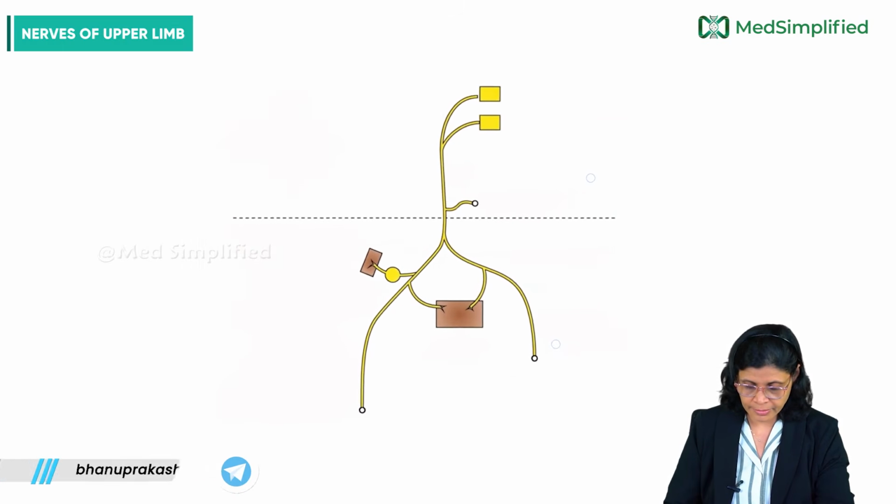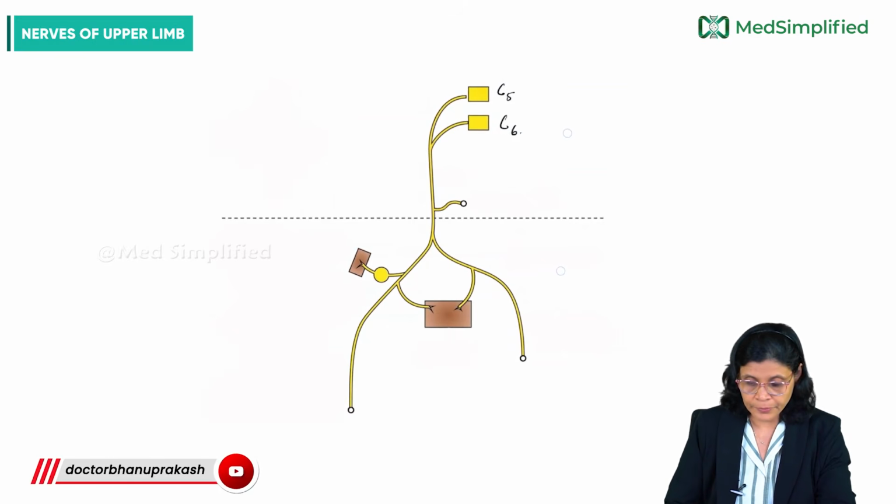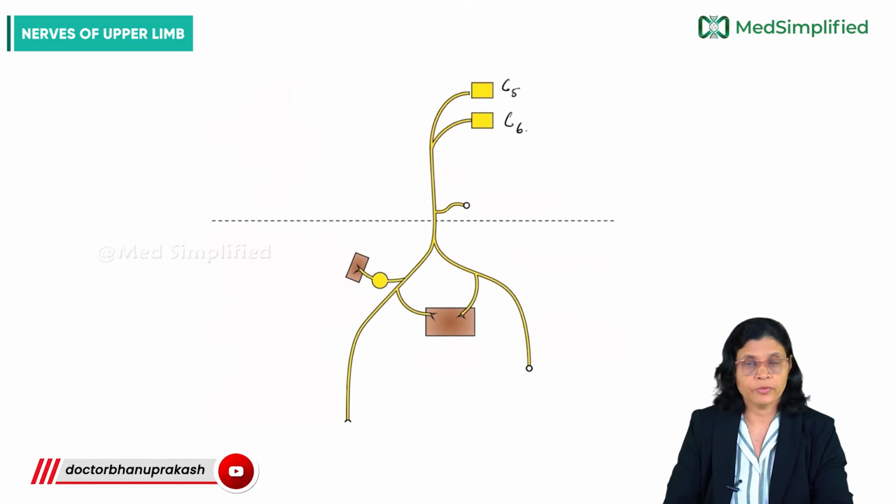Here, schematically, this is the C5 and C6 root value. It begins from the posterior cord of the brachial plexus.